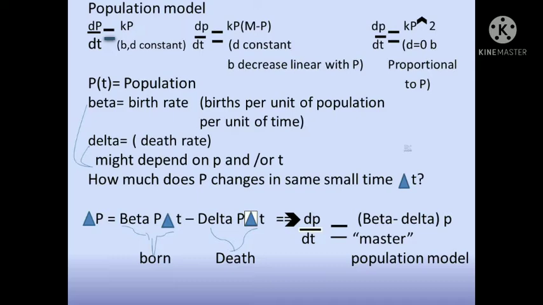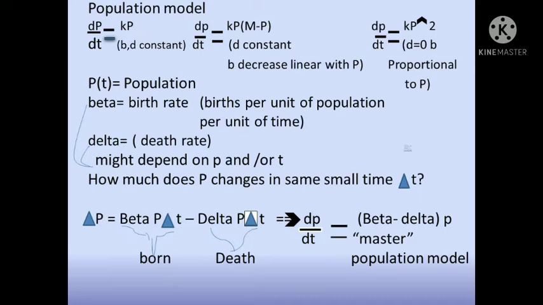A unit of time could be a second or a year or a decade. And similarly, delta is equal to the death rate, and similarly in the same fashion per unit of population per unit of time.